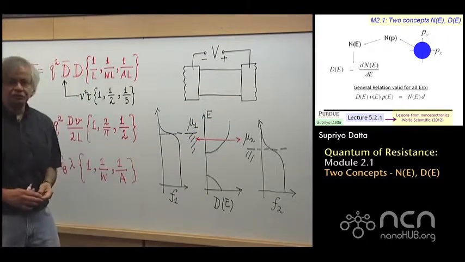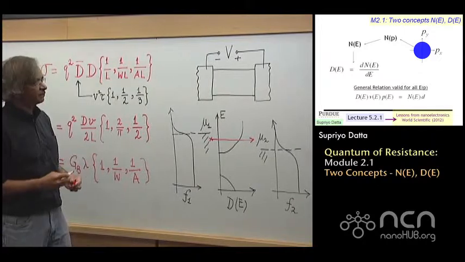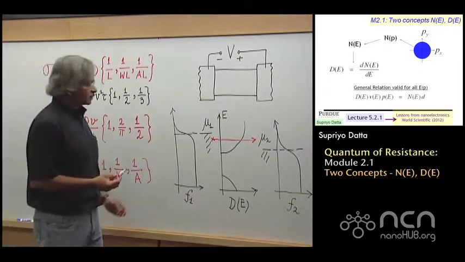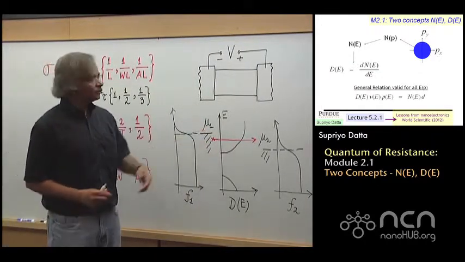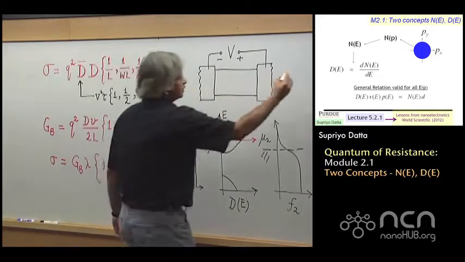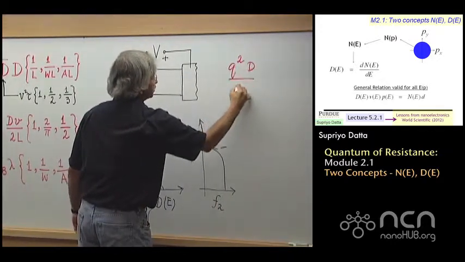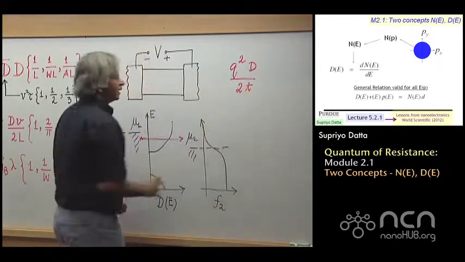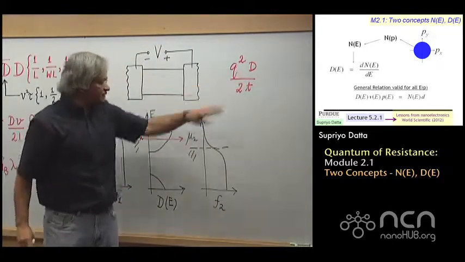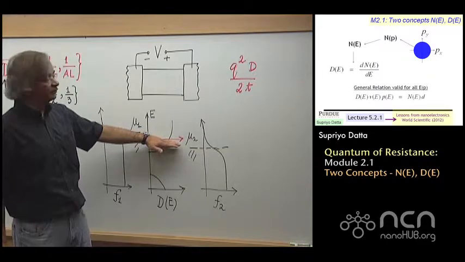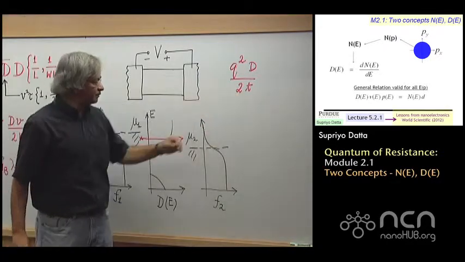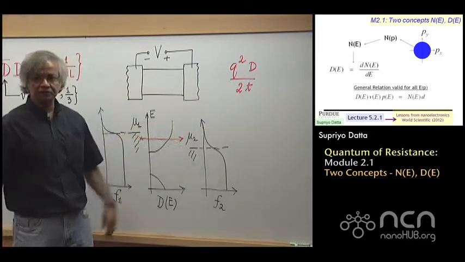And based on this viewpoint, we first obtained an expression for the conductance, which looked like q squared D divided by 2t, where D is the density of states in this energy level of interest, and t is the time it takes for an electron to get through.